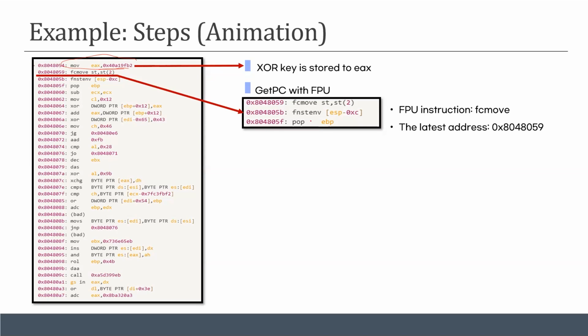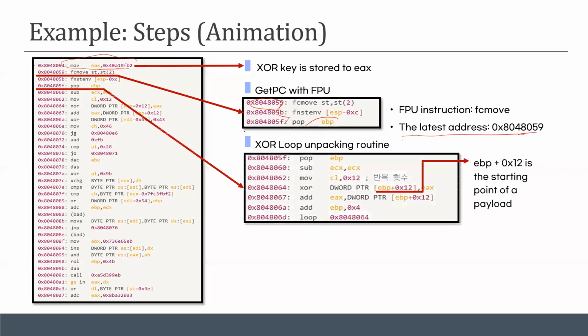And because of this instruction, the FNSTENV instruction stores the latest address, which is this address, right? Something like that. And then moving on, now this is the unpacking routine with the XOR loop. Now this is the repetitive counter. Okay, this EBP plus 12 is the starting point of a payload.